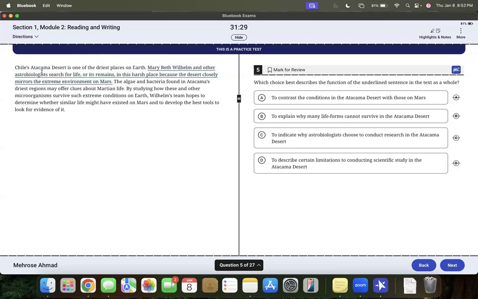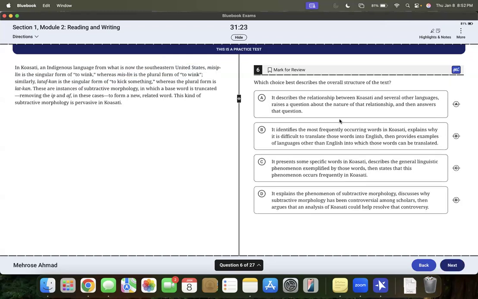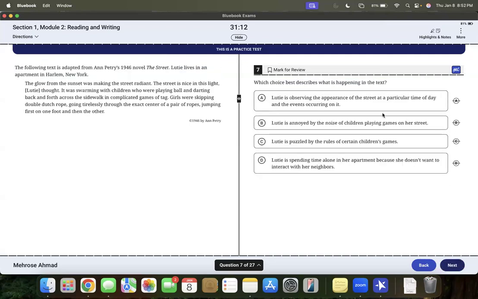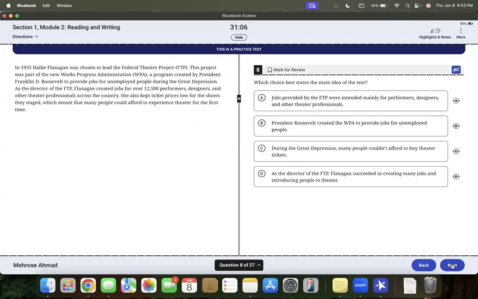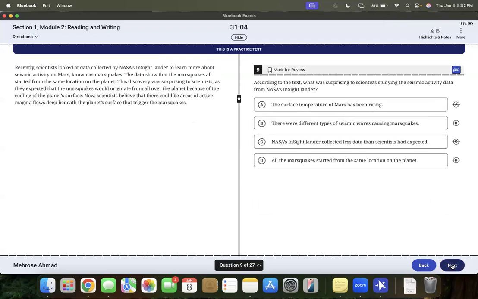In order to understand this, you need to understand what the whole passage is about and how this detail particularly is relevant. Overall structure. So again, this is understanding how we go from one idea to the next. So there are slightly different types of questions here. What choice describes what's happening in the text? This is like a main idea question. We've seen these already.